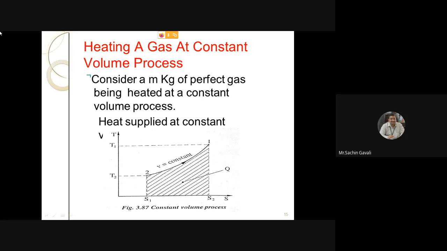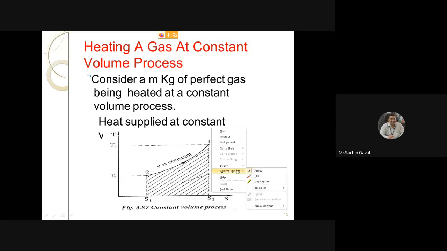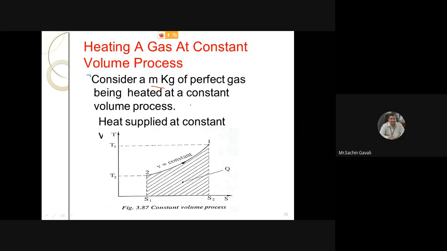Then heating a gas at constant volume, let us assume, consider m kg of gas heated at a constant volume process. Let us consider the entropy as S1.